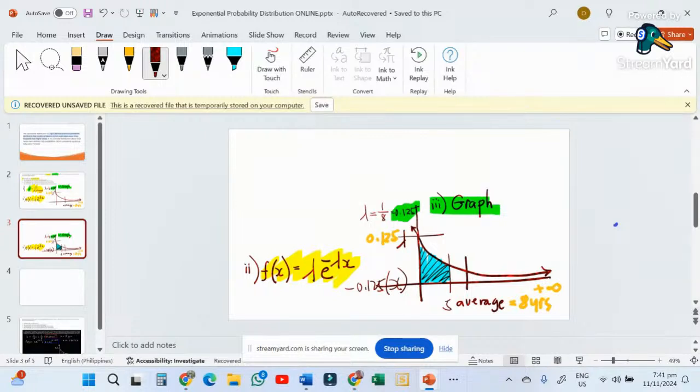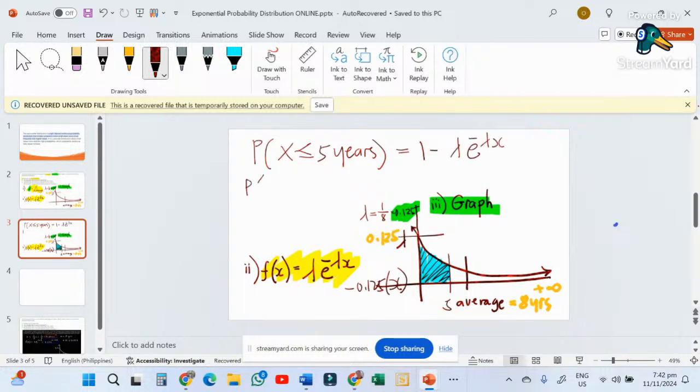So all we need to do is the probability that it will be less than or equal to 5 years in its existence, or its functional life or economic life. Then you have to do 1 minus lambda e to the negative lambda x.